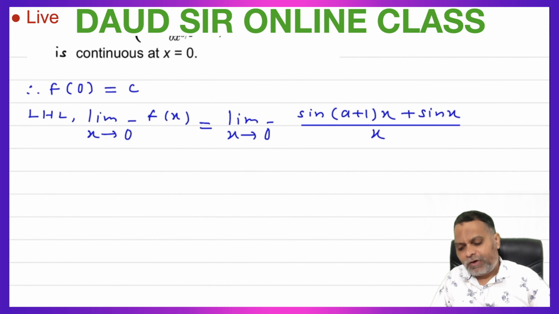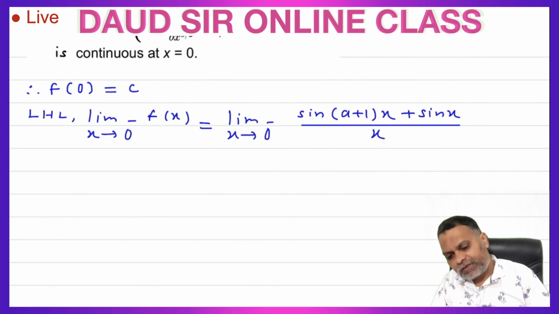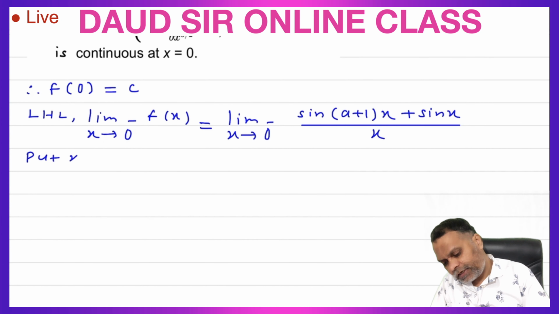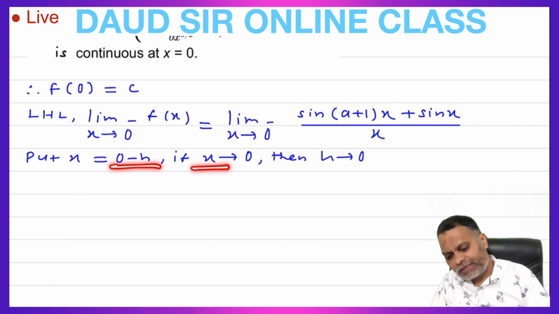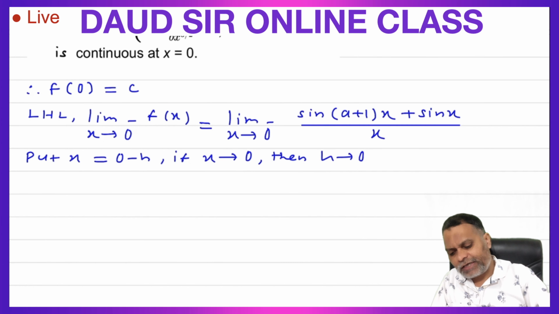For left hand limit we have to put x is equal to 0 minus h. If x tends to 0 then h tends to 0. How? Put this 0 minus h here, 0 minus h tends to 0, that is h tends to 0.